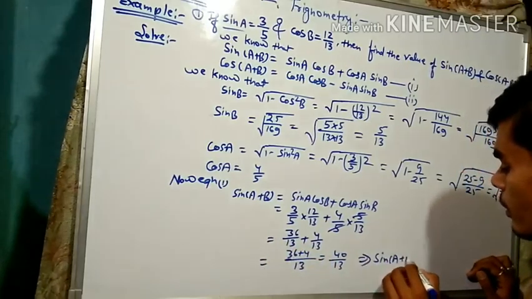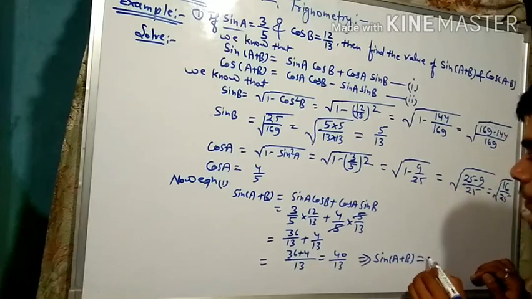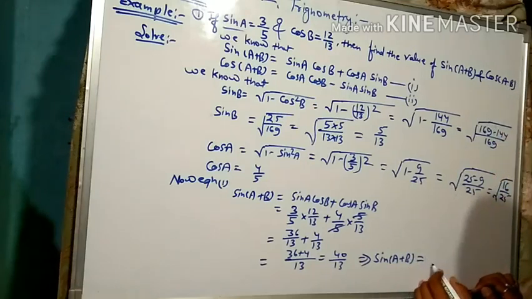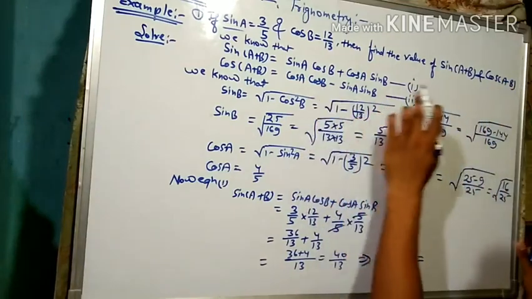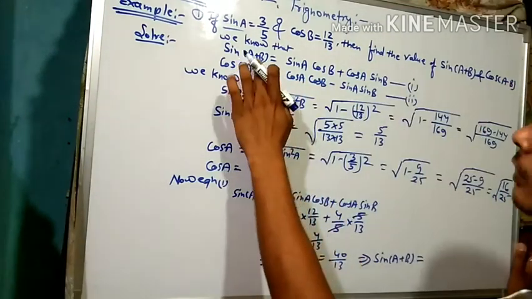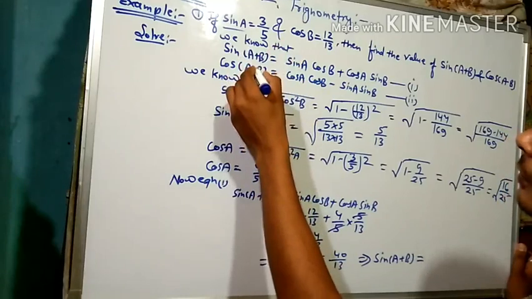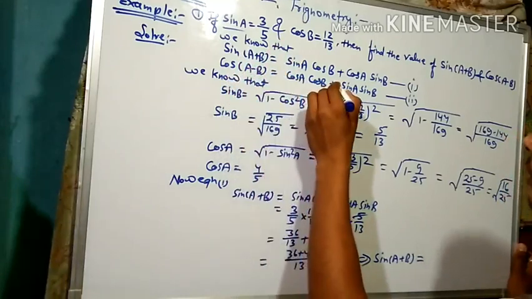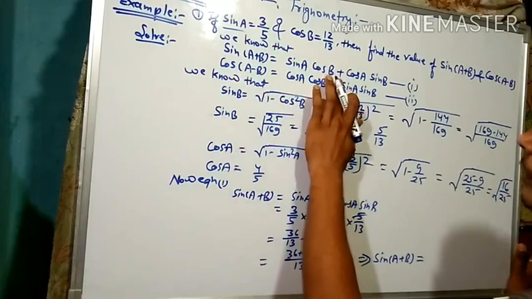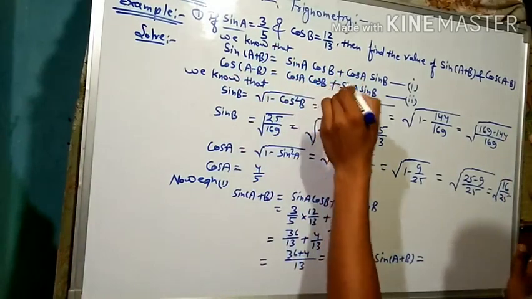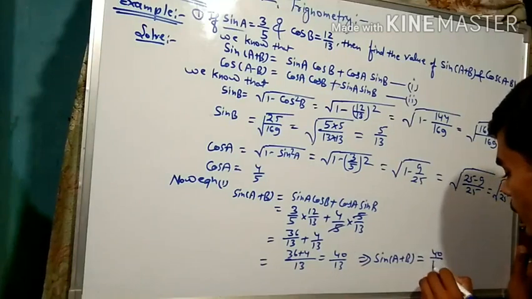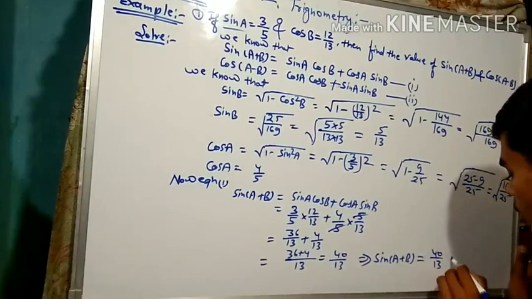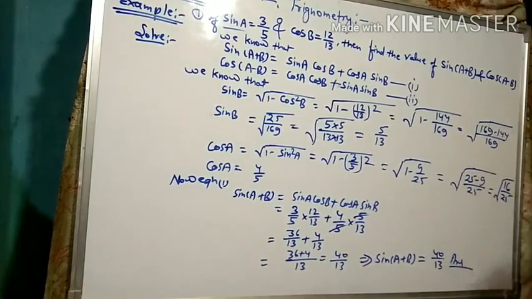Similarly, we can find the value of cos(A-B) or cos(A+B); nothing difficult, only the formula changes. So sin(A+B) equals 14 by 30. Okay friends, this is the answer.